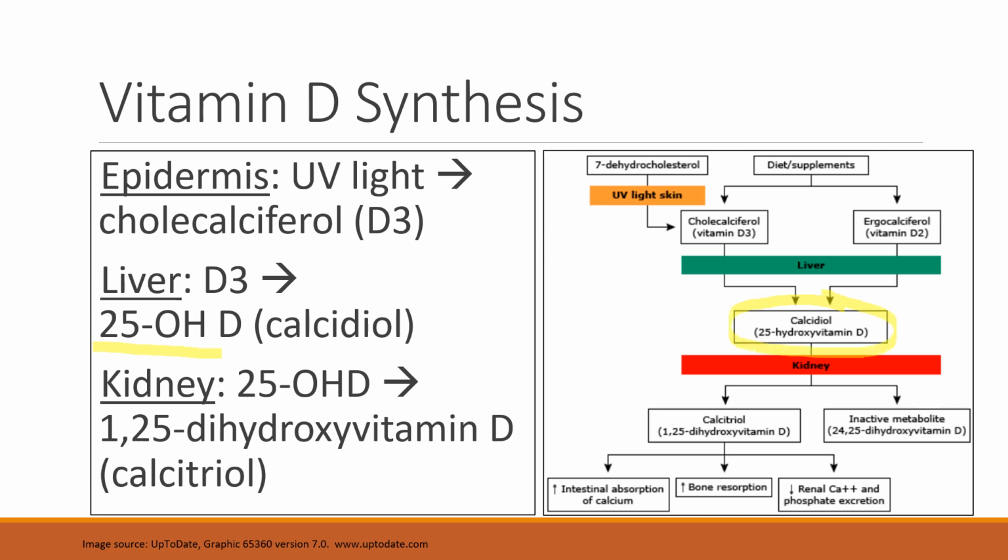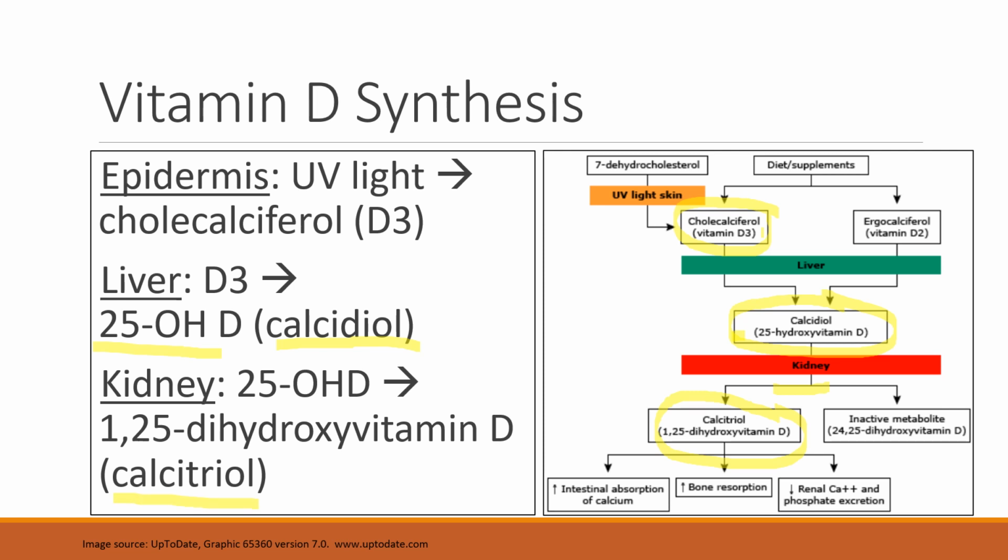It's converted from this precursor, vitamin D3. That's also called calcidiol. That then goes to the kidneys for the next step in conversion. So it goes from vitamin D3 to 25-hydroxy vitamin D, and then in the kidney it gets converted into this thing called calcitriol. So you have calcidiol, and then you get calcitriol.